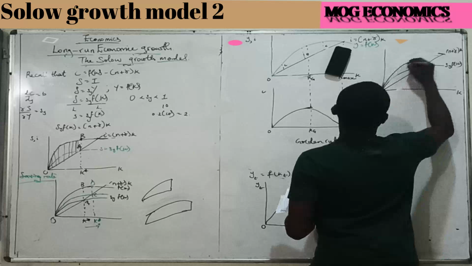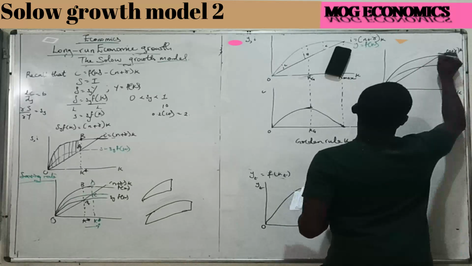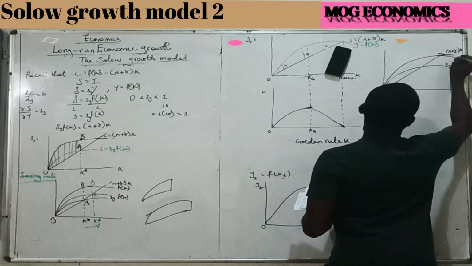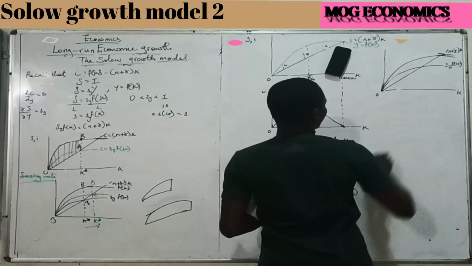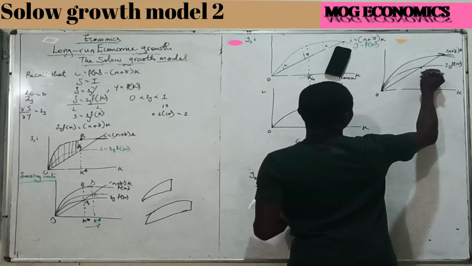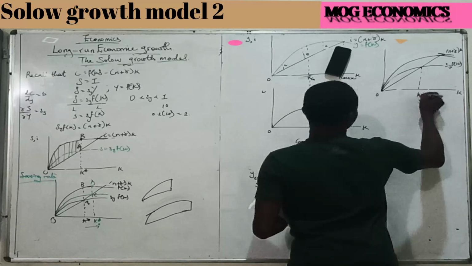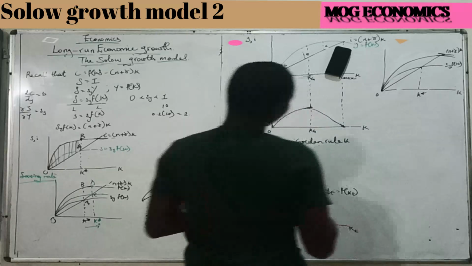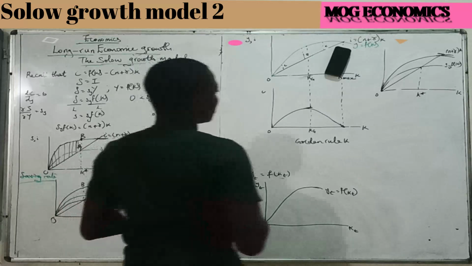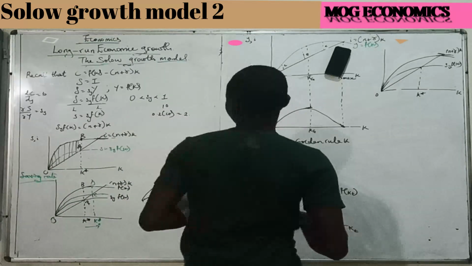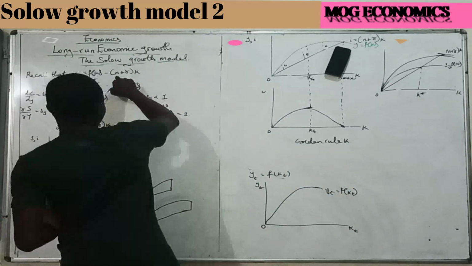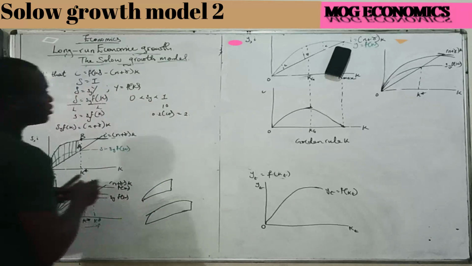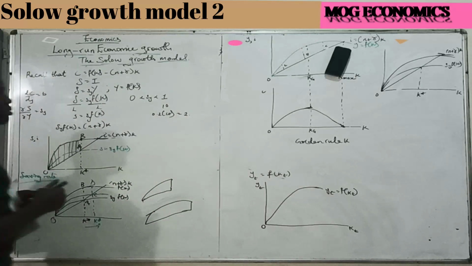So yeah, something like this. So this was our initial capital per worker. Now if there's an increase in the population growth rate, the population growth rate is the same thing as this n, the rate at which the economy produces new capital.